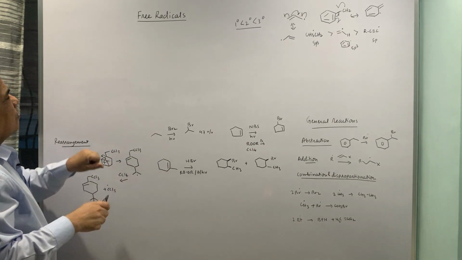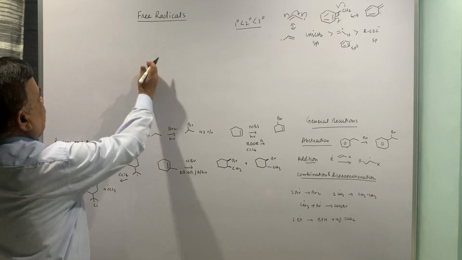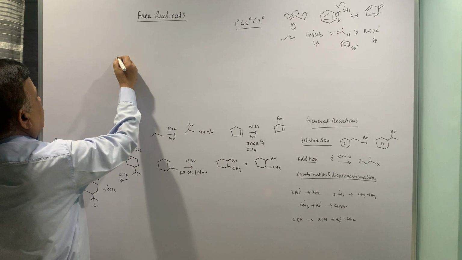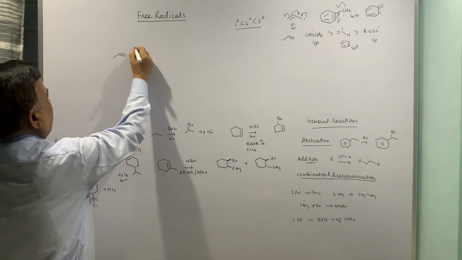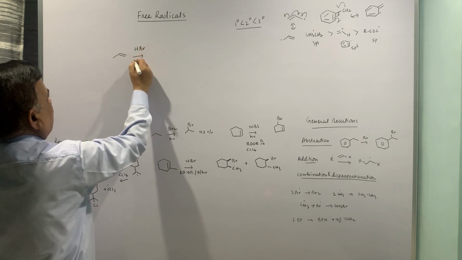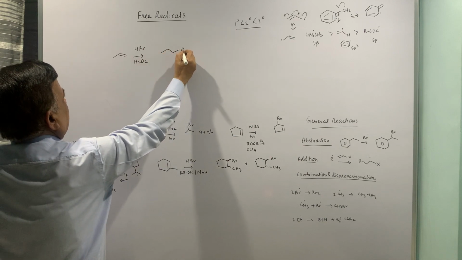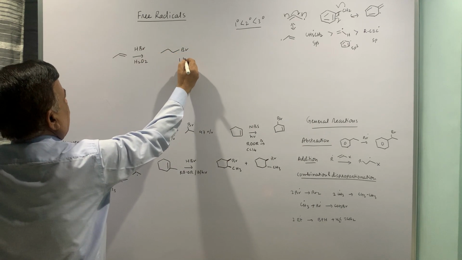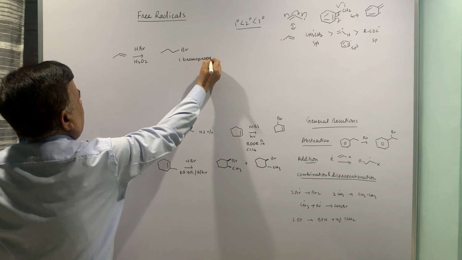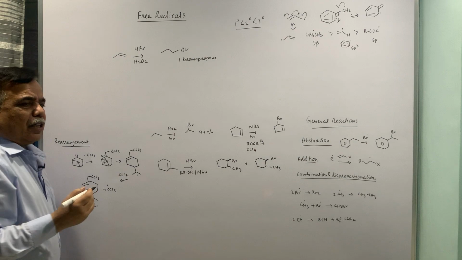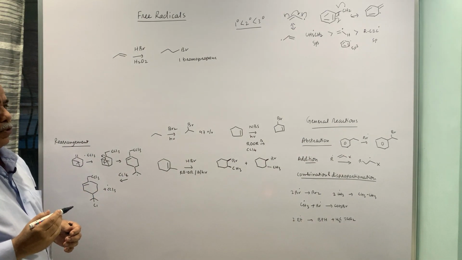The reaction I was talking about, I will take a simple example to begin with, H2O2, and then this is 1-bromopropane. This is addition of HBr across the double bond and it is against Markovnikov's rule.